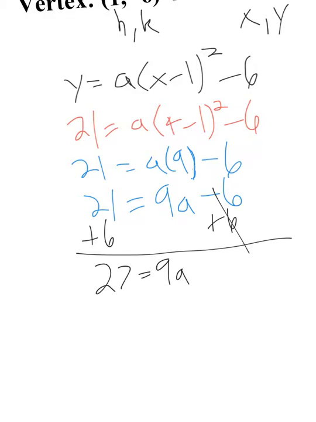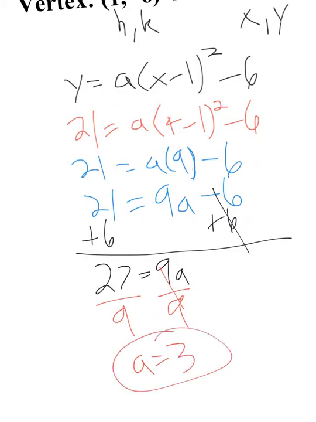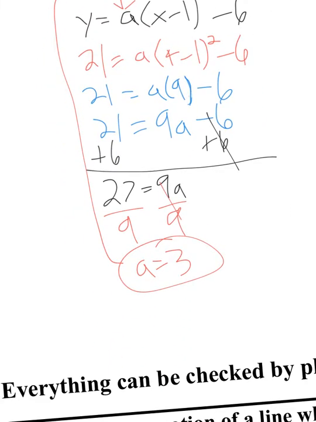That's going to get me 27 equals 9a. And then you can just divide both sides by 9, and you'll see that a equals 3. Okay, so plug in a right there, and then write your final answer.